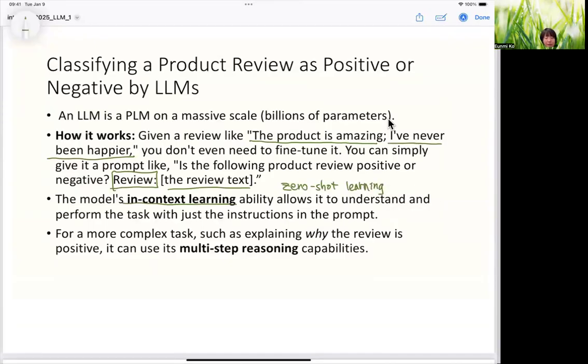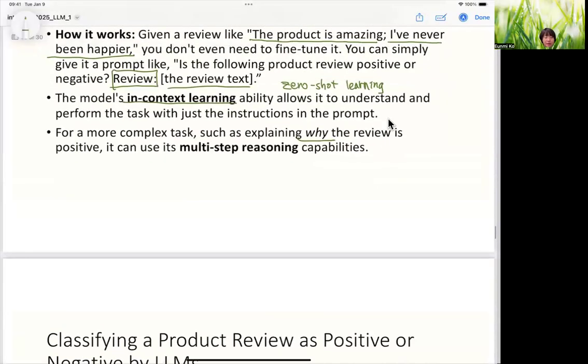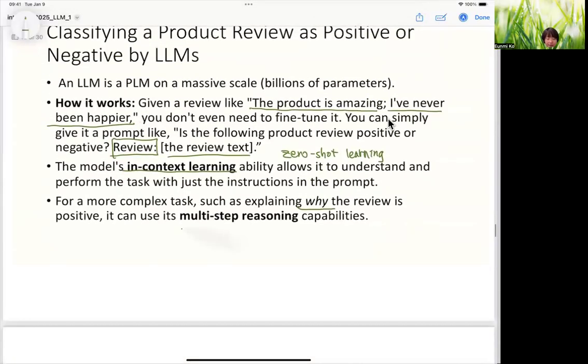For a more complex task, such as explaining why the review is positive, it can use its multi-step reasoning capabilities. It is part of in-context reasoning.